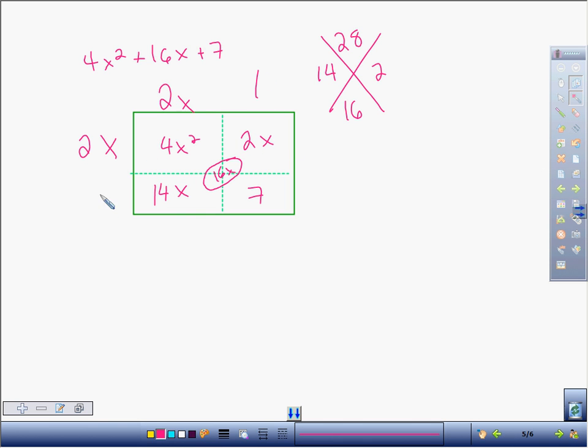And 2x times what over here will give you this 14x? 7. There you go. So this factors to 2x plus 1 times 2x plus 7.